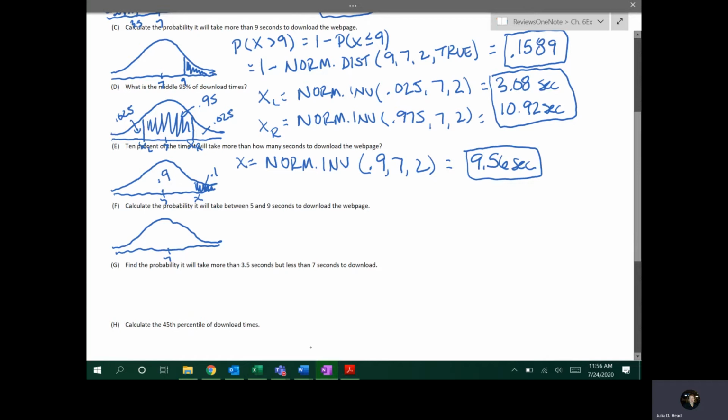The probability it will take between 5 and 9 seconds. So 5 is to the left of 7 and 9 is to the right. And it does use the word between, so we know we're shading in between. This will be a dist question. I know where the marks are. I don't know how much I shaded.